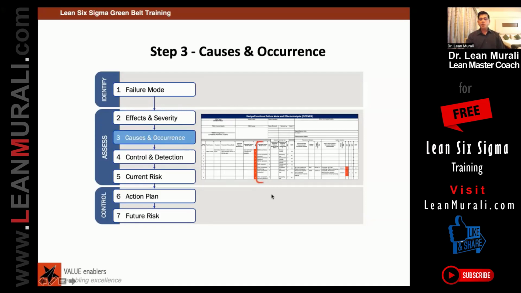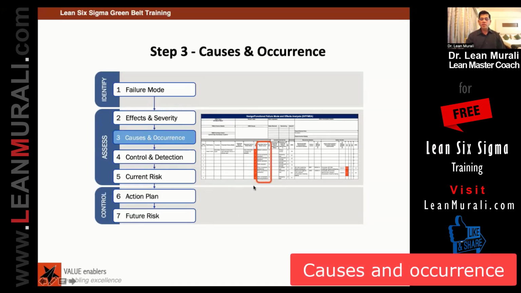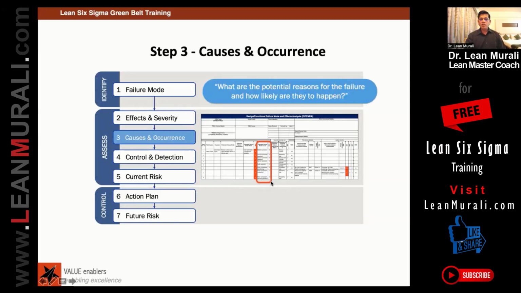Third one, causes and occurrence, we write in the next column. The question that we ask here is, what are the potential reasons for the failure? Now, causes are related to failure modes. Causes are not related to effect.